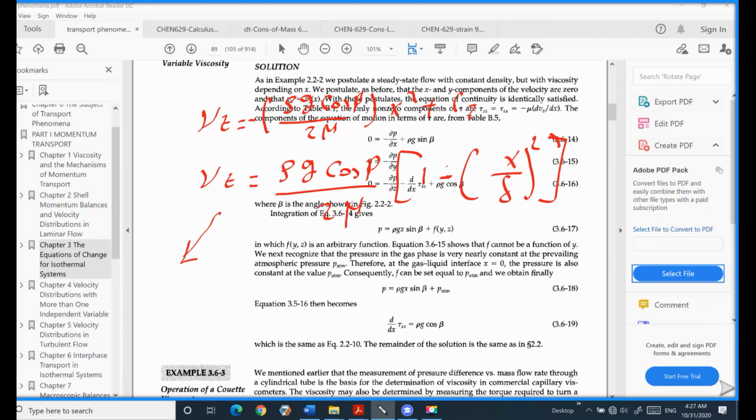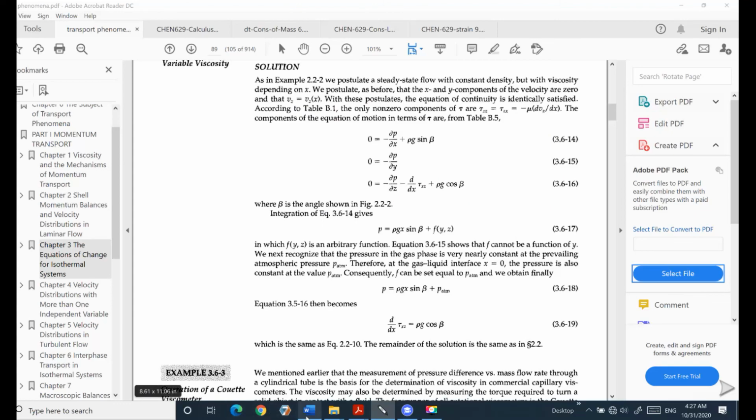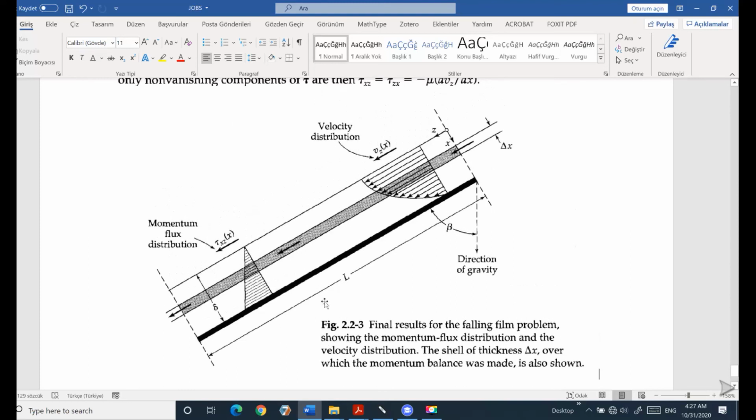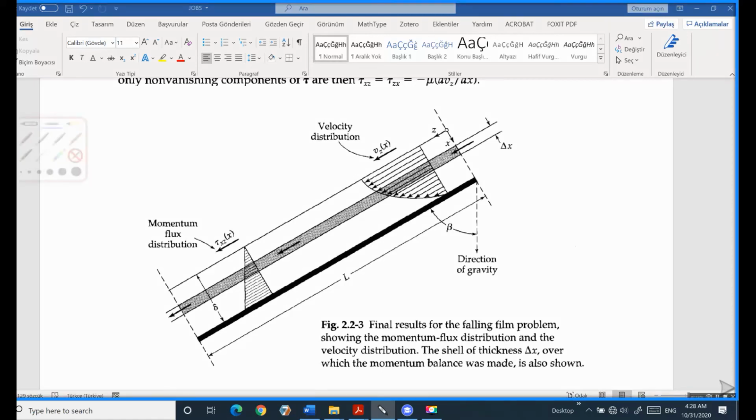If we draw the plot of vz with respect to x, then we obtain the velocity distribution, or velocity profile, for this falling film. This is our velocity distribution from x equal to thickness at the surface to x equal to 0 at the wall. So this is the solution of our problem.